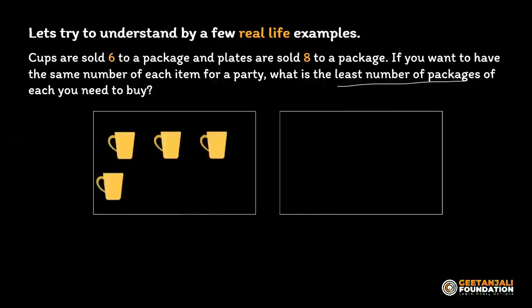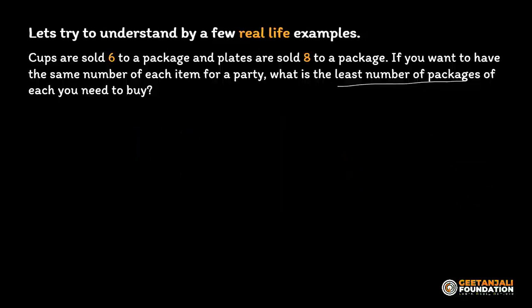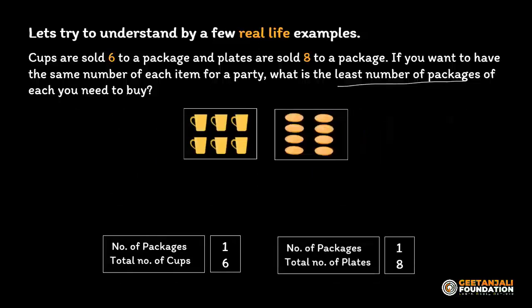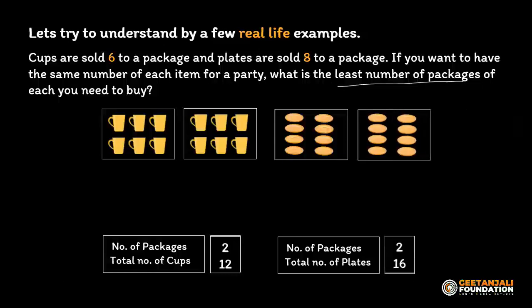So these are two packages. In one package there are cups and in the other package there are plates. So you go to a shop, you take one package of cups. Now you have 6 cups, and you take one package of plates. You have 8 plates. The number is not equal. So you take one more package of cups. Now you have 12 cups and 8 plates. Plates are less, so you take one more package of plates. Now you have 16 plates.